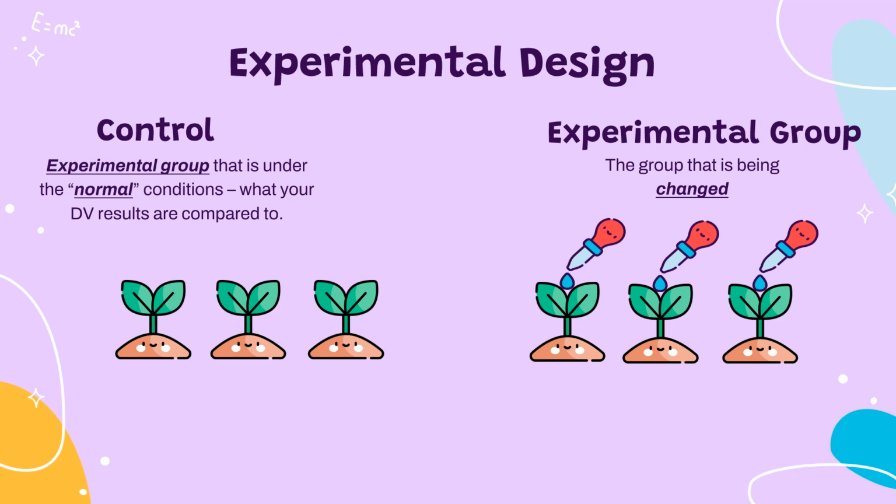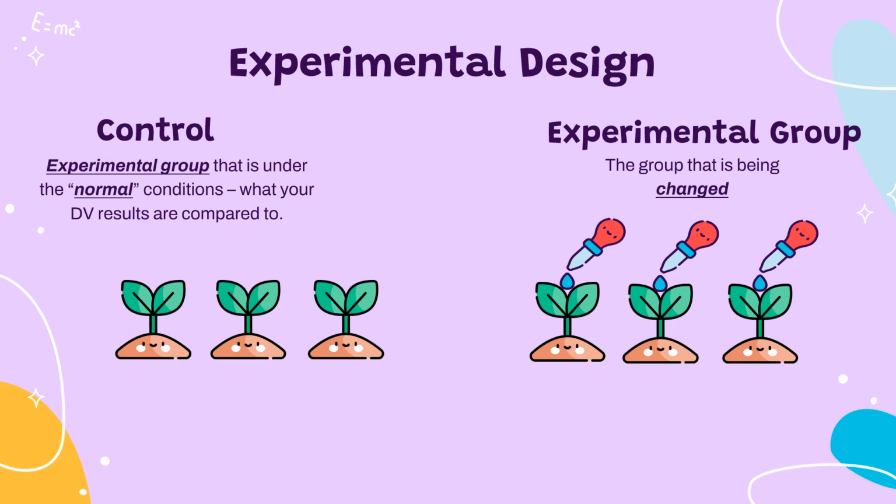Now, an important part to consider here between your control and experimental groups is that you only want one variable to change between them. If we think about plants and we think about growing, there's lots of things that can affect the growth of a plant.